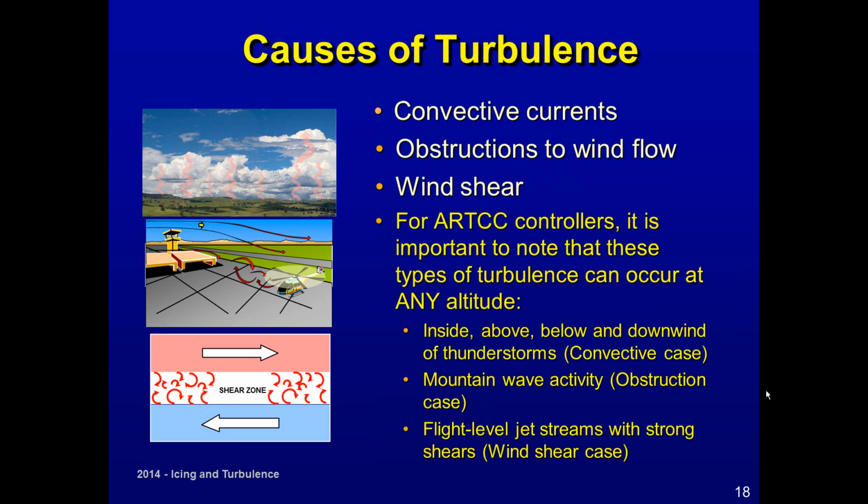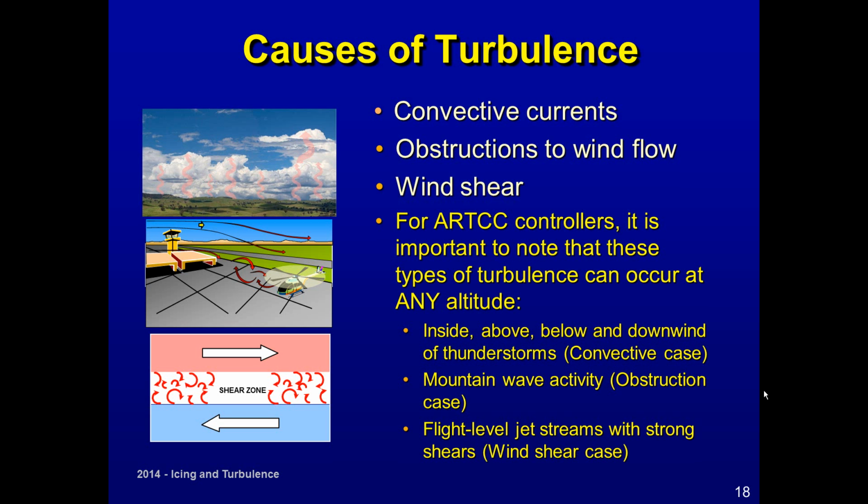It's important for controllers to realize that these types of turbulence can occur at any altitude. In the convective case, you can get turbulence inside, above, below, and downwind of thunderstorms. In the obstruction case, you can have something called mountain wave activity.